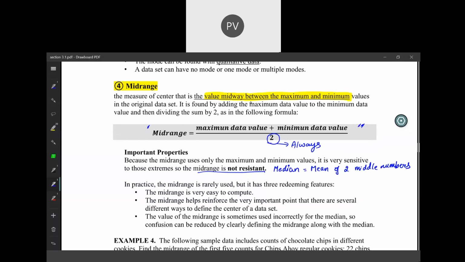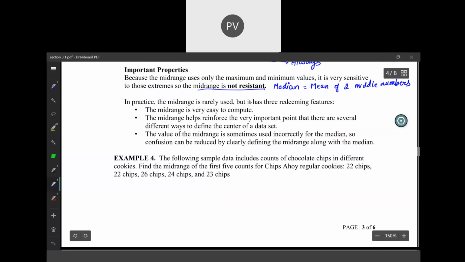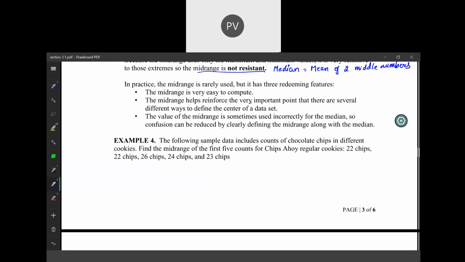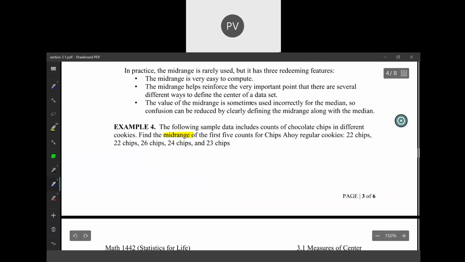Now example 4: we will compute the mid-range for this data set. The numbers are 22, 22, 23, 24 and 26. What is the formula for mid-range? Maximum number plus minimum number, divided by 2.